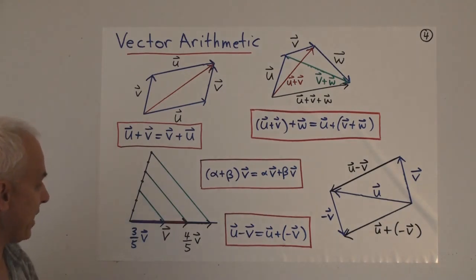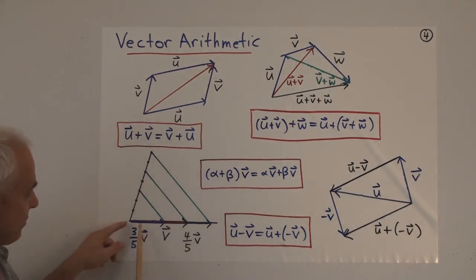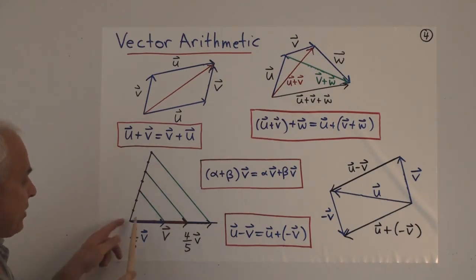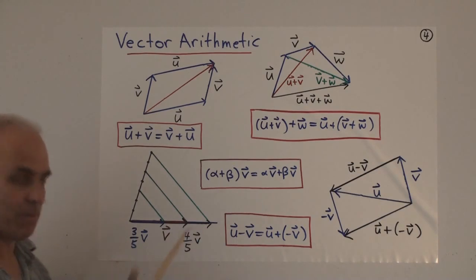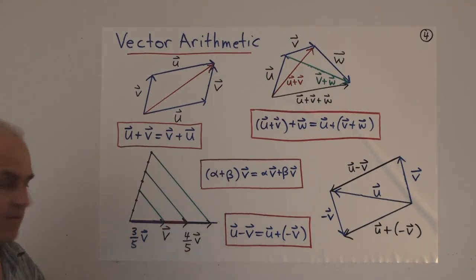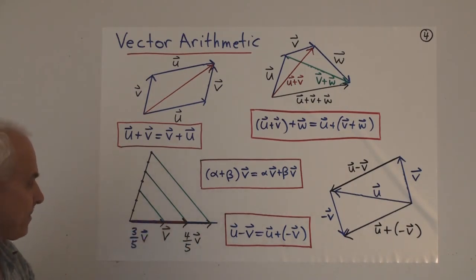And I've illustrated that in this case here, so maybe it's a little bit ambiguous, but let me clarify. So the vector v is the red one from here to here. Okay. And I'm interested in some other multiples of that vector v. So there's the vector that's 3/5 of v. And this vector here is 4/5 of v.